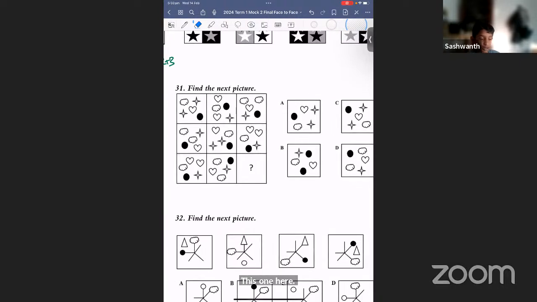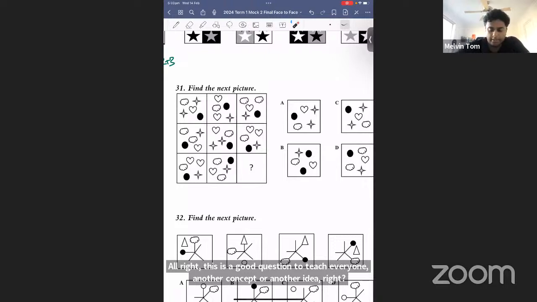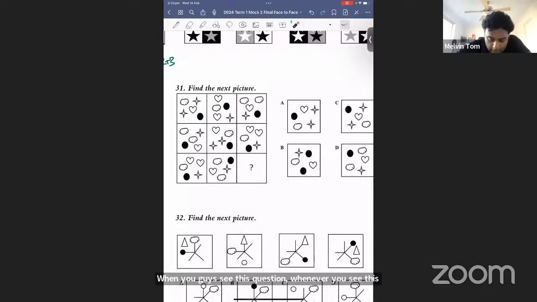All right, this is a good question to teach everyone another concept or another idea. Whenever you see this question, is there a consistent number of, is there a consistent movement going on?